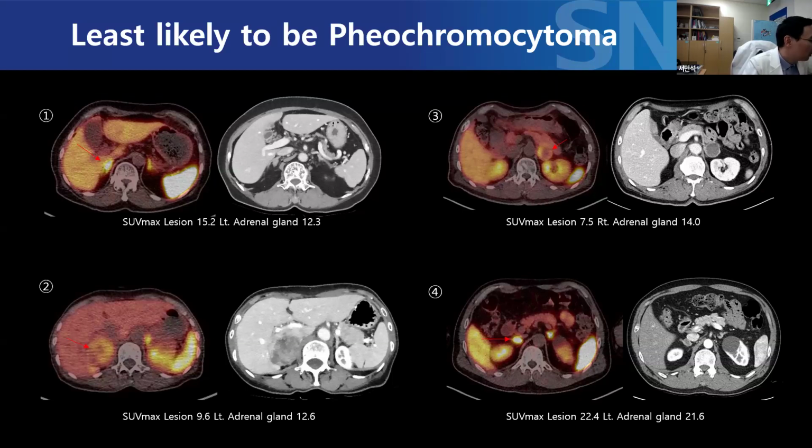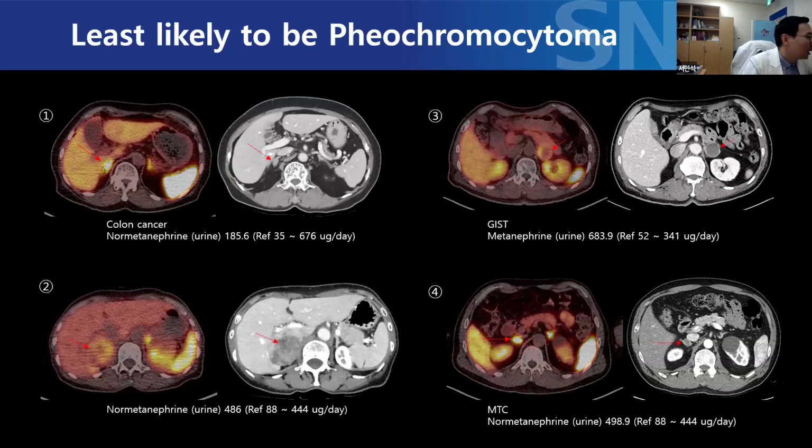You can see very different variable uptake of each lesion here. You can guess first which might be the least likely. Now, make a guess again with urine metanephrine level and previous history.